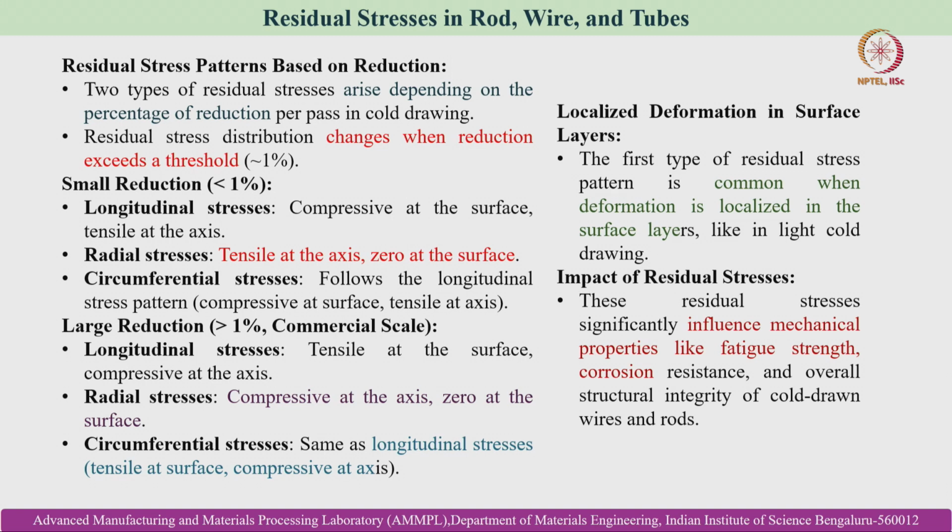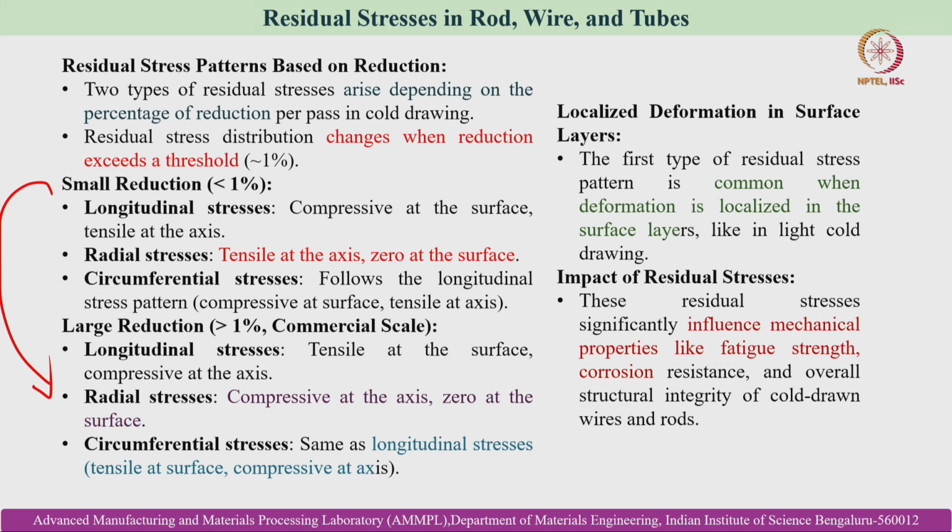And in case of large reduction, that is greater than 1%, like we see in industrial parlance, longitudinal stresses are tensile at the surface and compressive at the axis. So you can see a totally contrasting finding when we are dealing with small reduction and with large reduction.